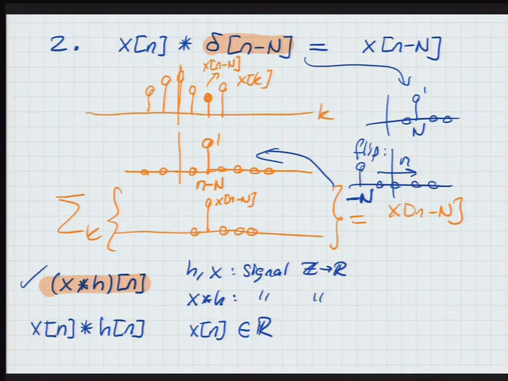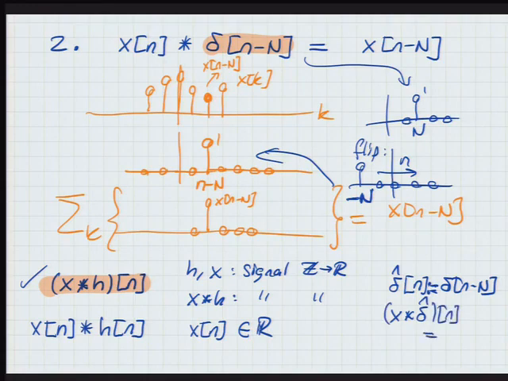I had to use it here, for example. If I want to be a little more precise in my notation, I would have to first define, say, a delta hat signal. According to this relation, delta hat of n would have to be defined as delta of n minus n, right? And then I would say, so this is the definition of delta hat, and I would then say x star delta hat at time equal to n is x of n minus n, right?